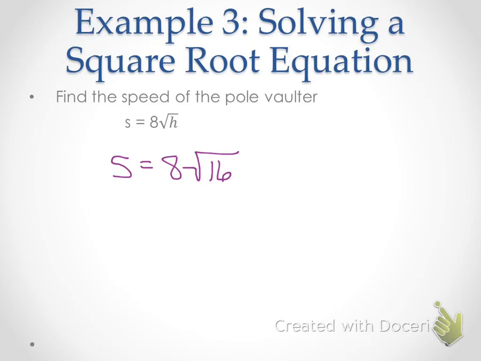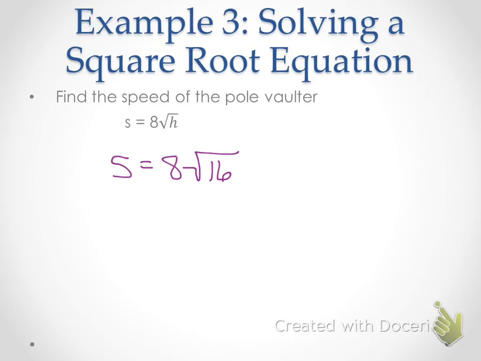Now, there is a way to just go ahead and put 8 times the square root of 16 into your calculator. Because everybody has different calculators, it's very difficult to teach that. So what I'm going to have you do, unless you can figure it out on your own, is go ahead and evaluate what is under the radical first. What's the square root of 16? 4. It's 4. Just 4.